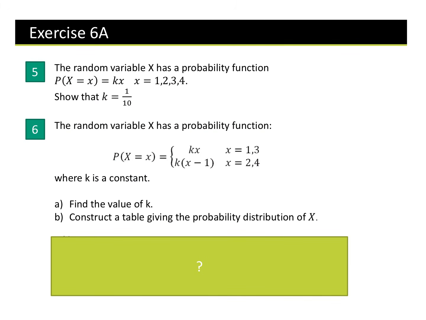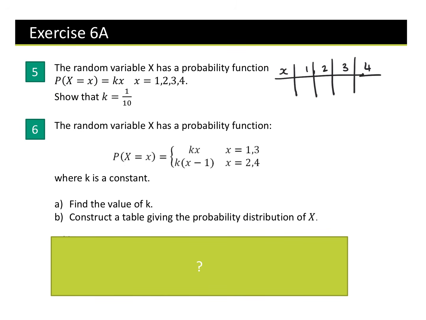Okay, question 6a, nice and easy. I would always recommend drawing a probability distribution table if you're not sure. In here, you can see our x values are 1, 2, 3 or 4, because it's told us that. And then it's told us to find the probability of each individual value.